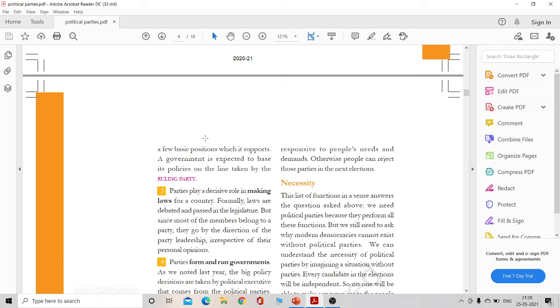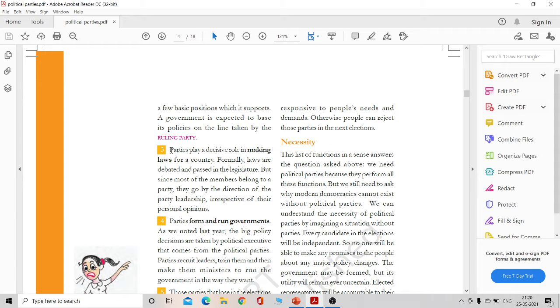The third very important function is parties play a decisive role in making laws for a country. Whichever party wins, or a coalition government, if two or more parties form a coalition government in the parliament, then they are the ones who form the legislative assembly, either in the state or, of course, in the parliament, the Lok Sabha.